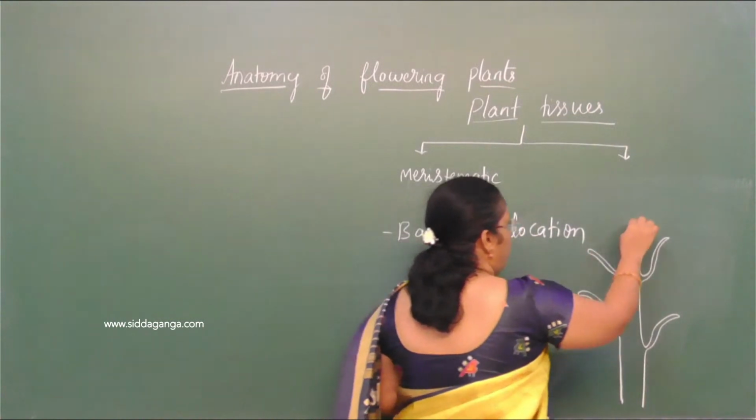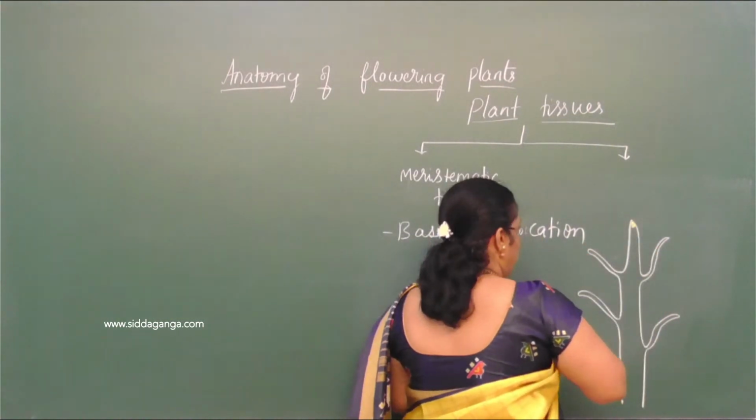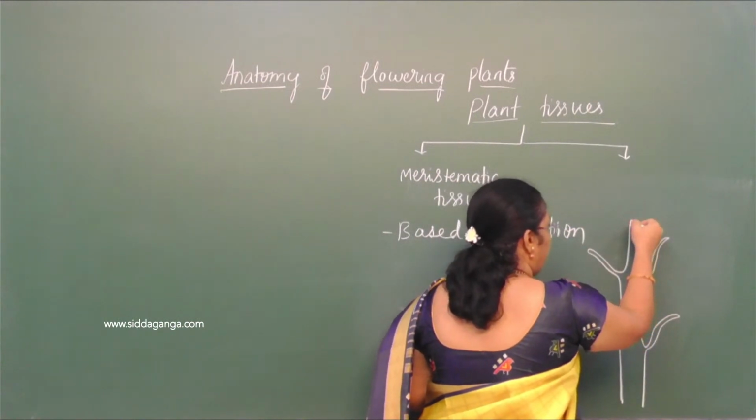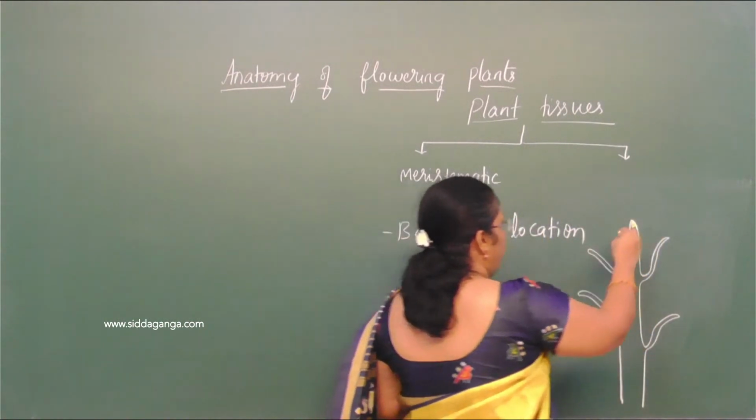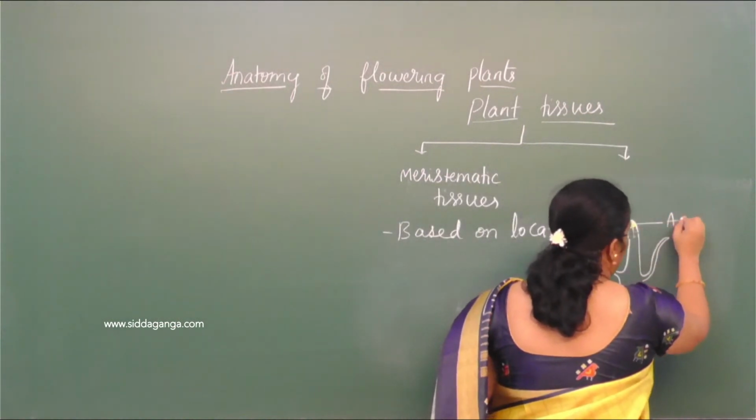I told you primary meristems are seen in the apical region.